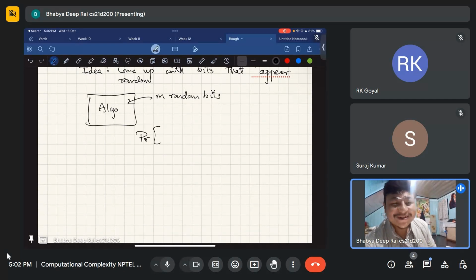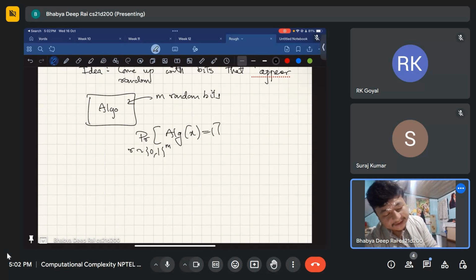If there were no probability associated with it, it would be a deterministic algorithm that always gives the correct answer, but that is not true here. It uniformly samples m random bits, and the probability that the algorithm is correct on the input is at least two-thirds or something like that. So this is a BPP algorithm or RP algorithm, whatever. What I want to do is the following.